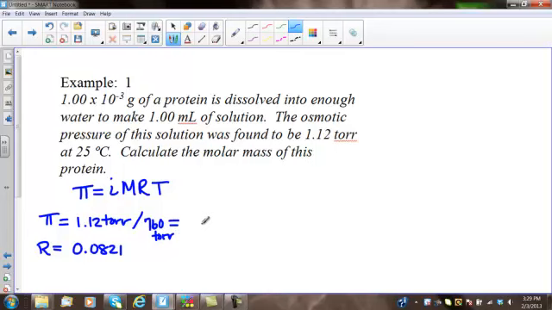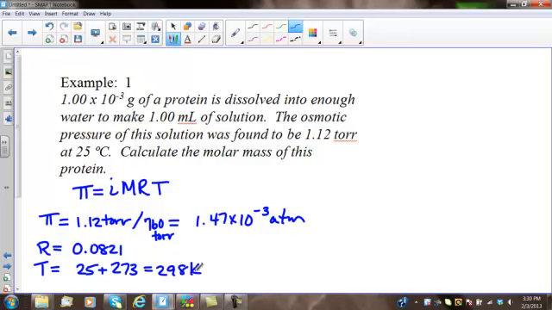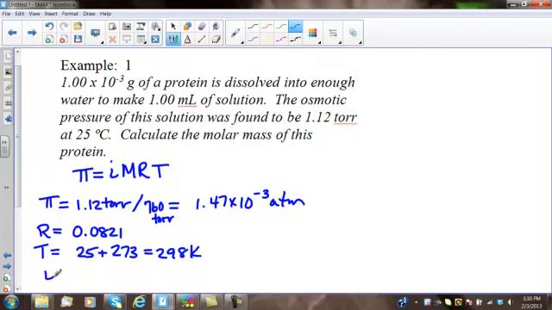So that's the first thing that we want to do: 1.47 times 10 to the minus third atm. Our temperature is going to be 25 plus 273, so 298 Kelvin. And we said that i was 1 because it's a protein.